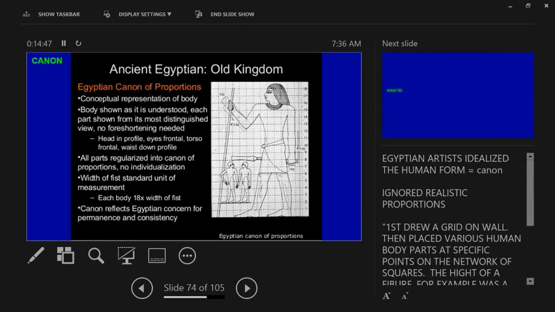And I want you to know this term, canon. What canon is that all Egyptian artists drew people with the same proportions.